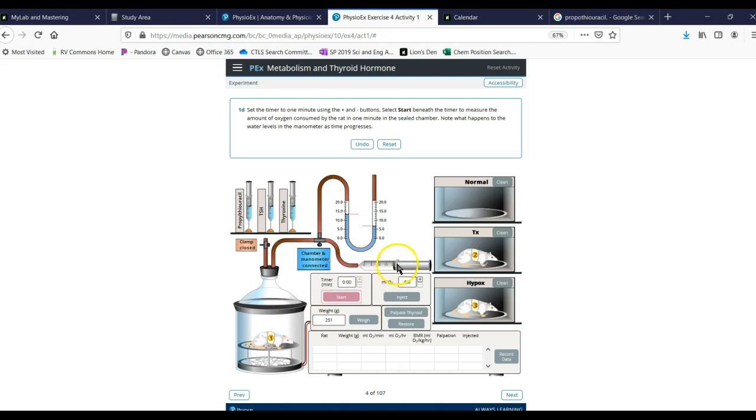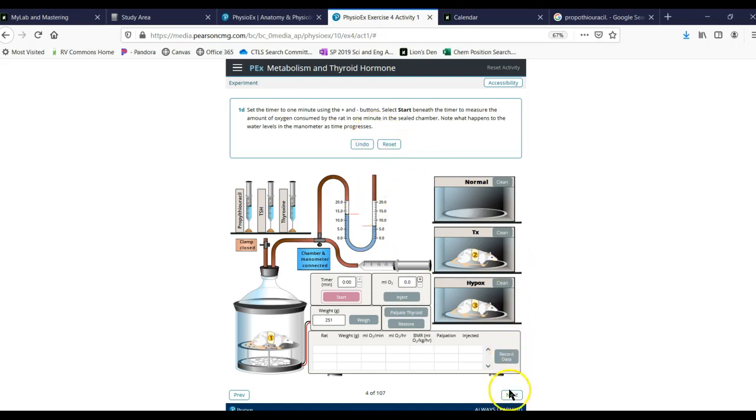And then you're going to use this syringe to put air back into this tube and see what volume of air the rat had consumed in that minute. And you're going to use that as a measure of the metabolic rate. If you look down here, it's going to end up being milliliters of oxygen per kilogram of rat per hour.